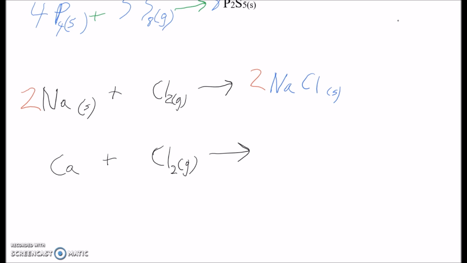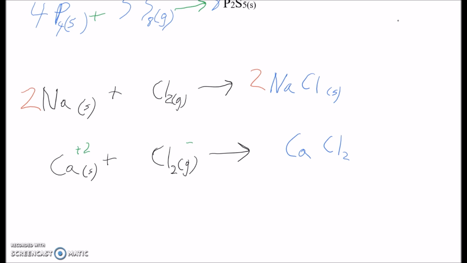Okay, so here we've got calcium on the left, this should say solid, and we've got chloride on the one side. So CaCl2. How did I decide that? Well, calcium, if I were to write this out, don't write this in your actual answers, is +2, and chloride is -1.